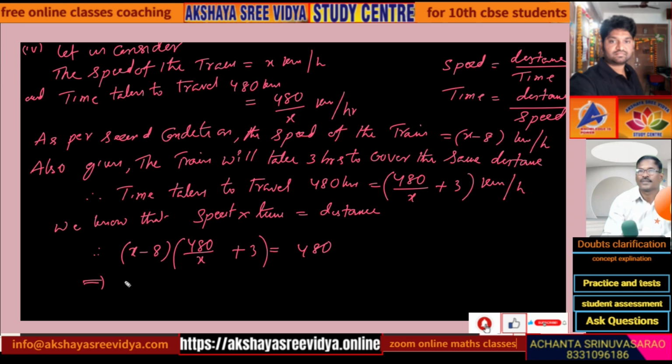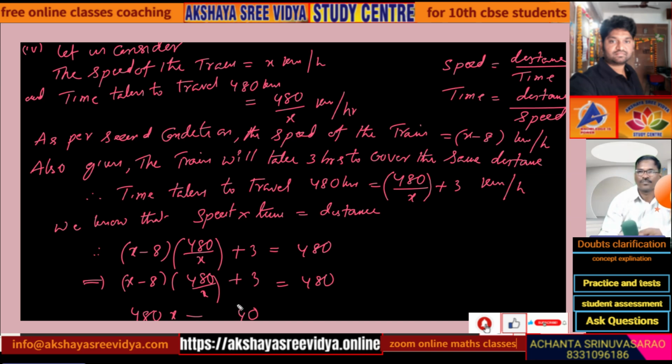This implies x minus 8 into 480 plus 3x by x is equal to 480.